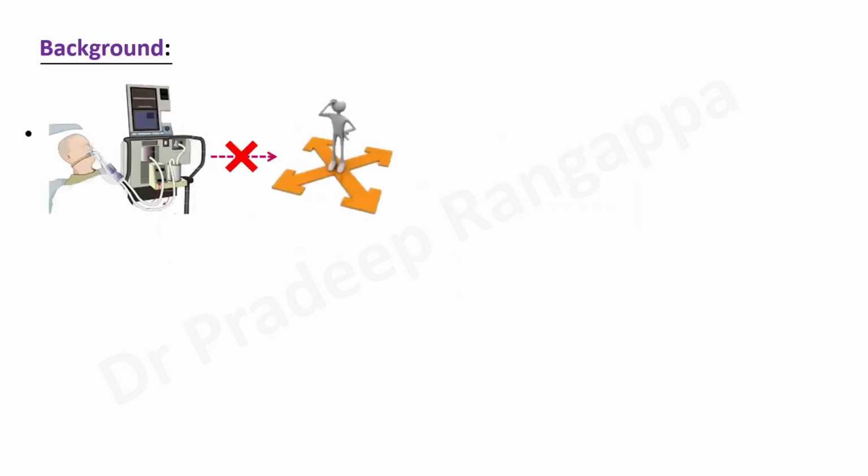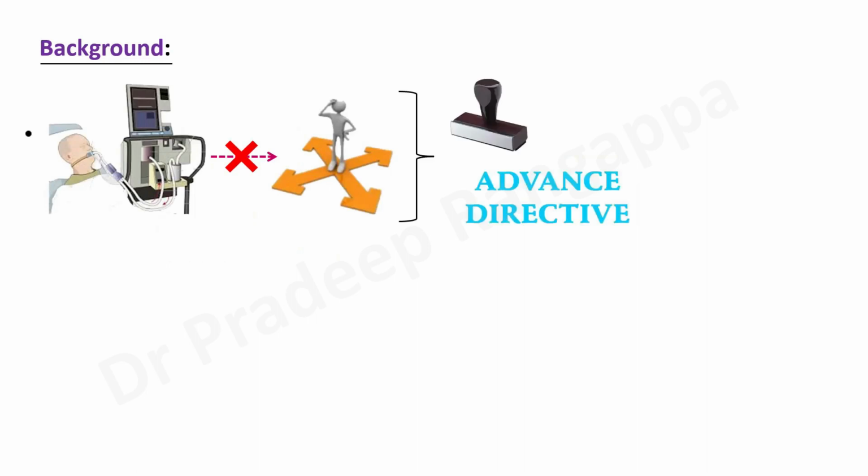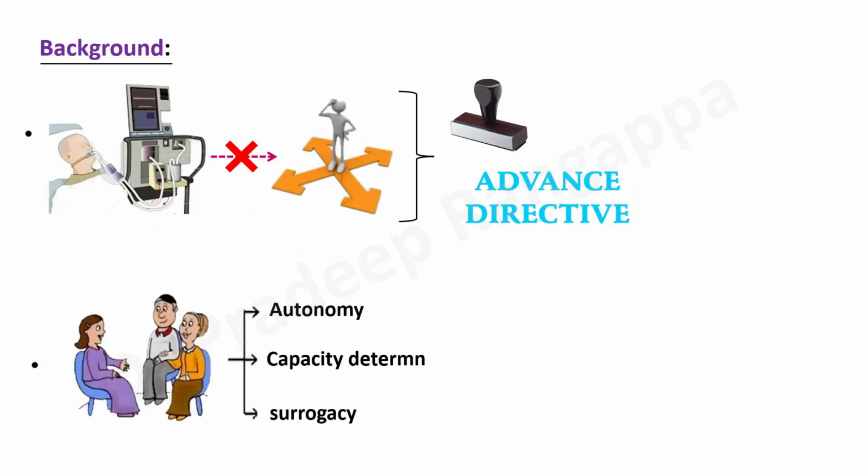And we know one thing for sure: someone who is on a ventilator or life support measures is not in a position to make decisions with regards to what he wishes. This is where the advance directive or a living will, if it is made, or if the patient has already expressed some wishes, could be used as a guide to help you make a decision.